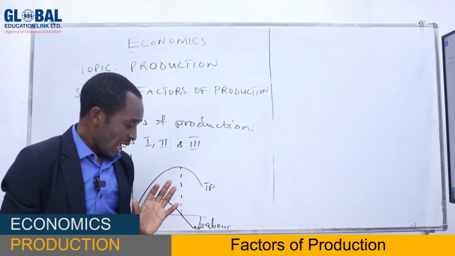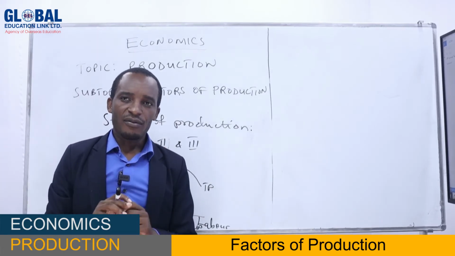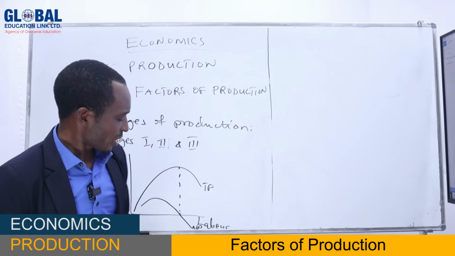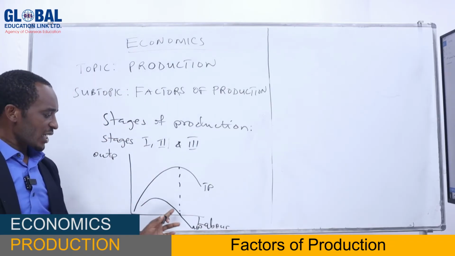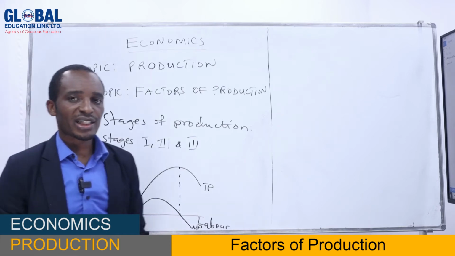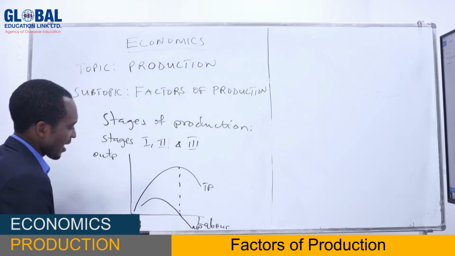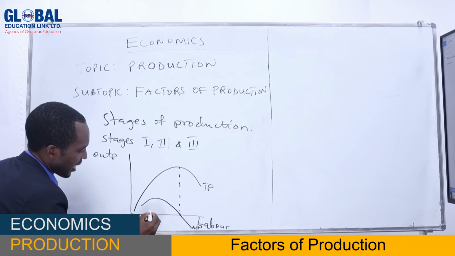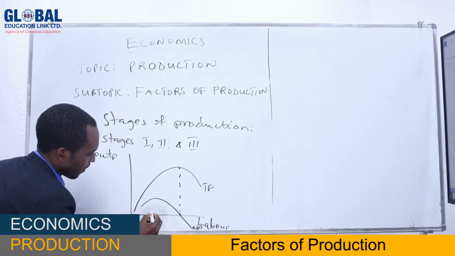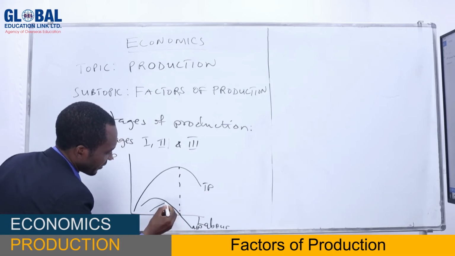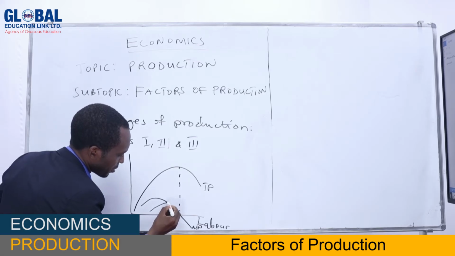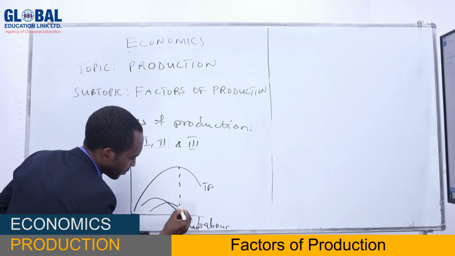Also we have the curve of average product. We know that the average product curve will intersect the marginal product curve when the average product curve is at a maximum. So the average product curve will be like this one. After intersecting with the marginal product, the average product will be at a maximum, then will start to decline.